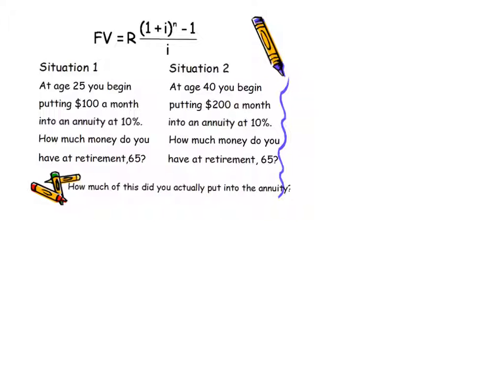All right, let's work through both of these situations. It's kind of the same question, just different numbers that we're plugging in. Let's start with situation 1. The future value, that's what we're searching for, is equal to our regular payment, 100, which is not part of that fraction, 1 plus the interest rate. We're going to be paying monthly. We have to take that 10% and divide it by 12.